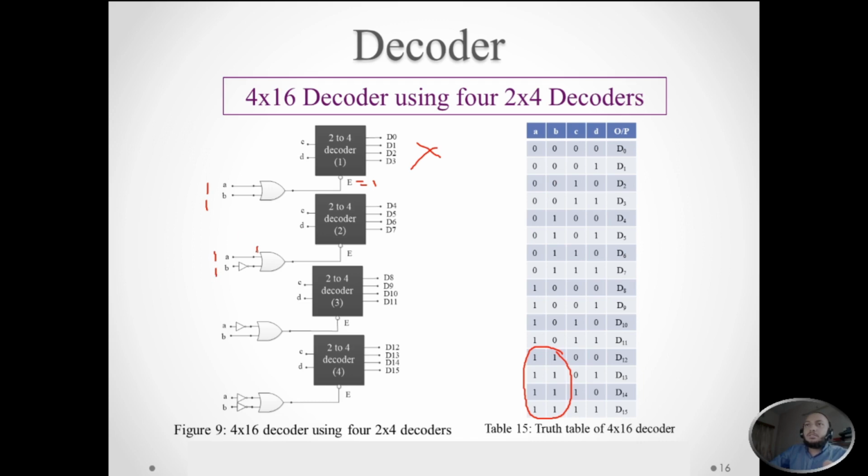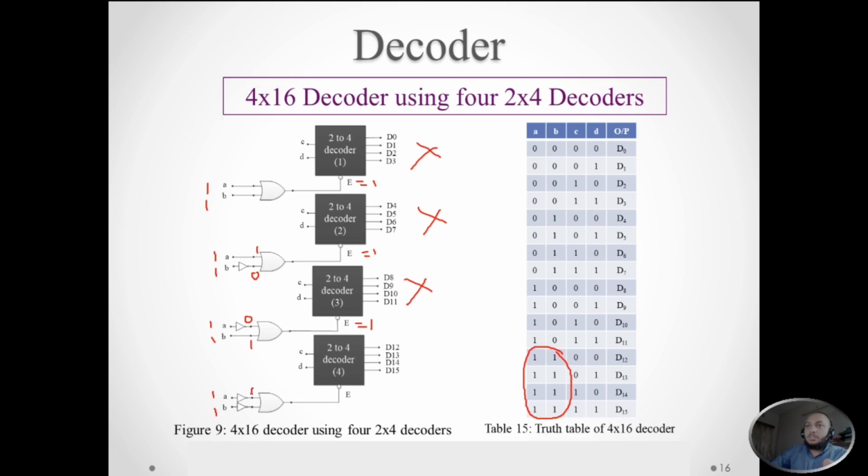For 1 1, we will get 1 0 here, so one of the inputs of this OR gate is 1, output will be 1, E will be 1 and this decoder won't operate. For 1 1, this becomes 0 and this is 1, one of the inputs of this gate is 1, so we will get 1, this decoder won't operate.